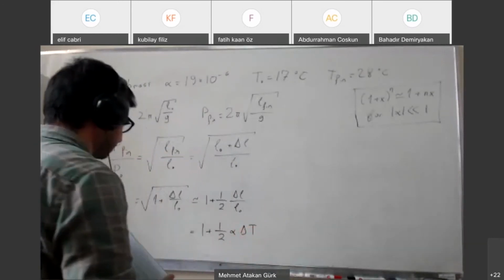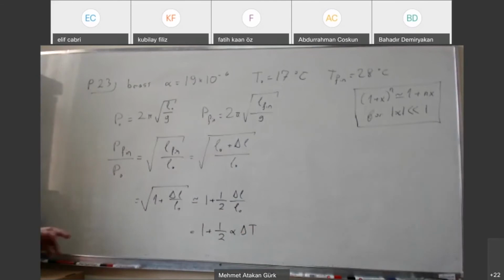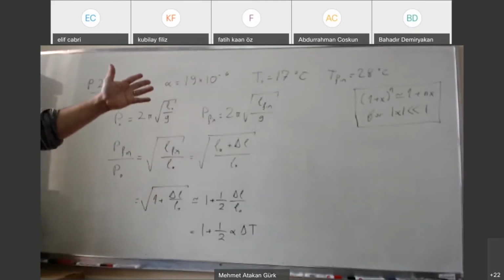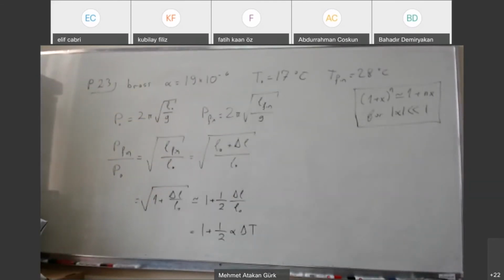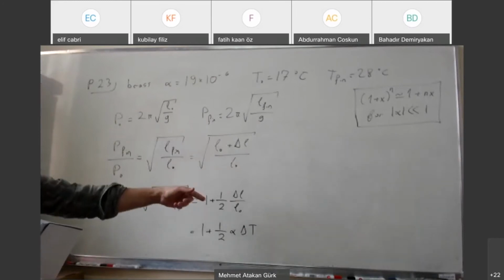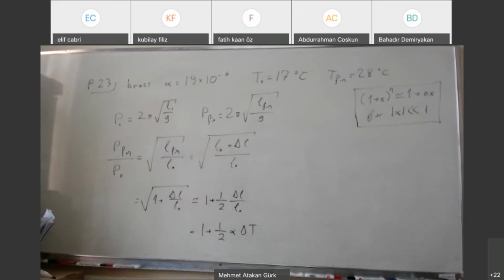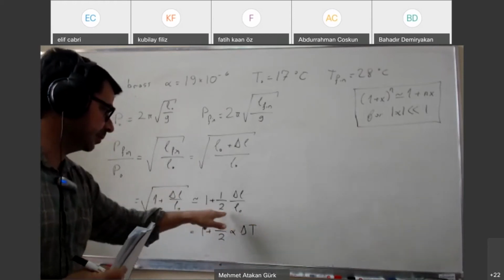And now these are all numbers that we know. Alpha we can look up, and delta t is just 11 degrees. We can carry out this multiplication and get some number. So this is approximately 1, but slightly larger. So the final period after this expansion is slightly larger than the original period, and the fractional difference is just this number here.